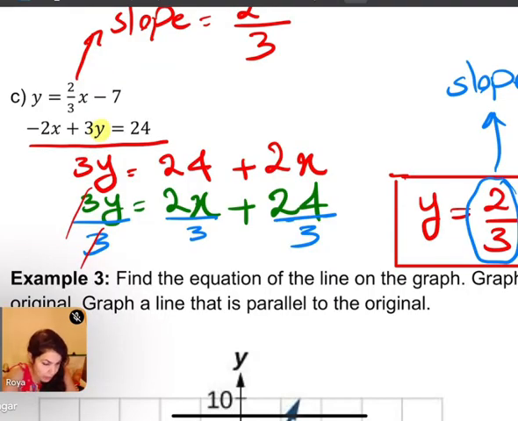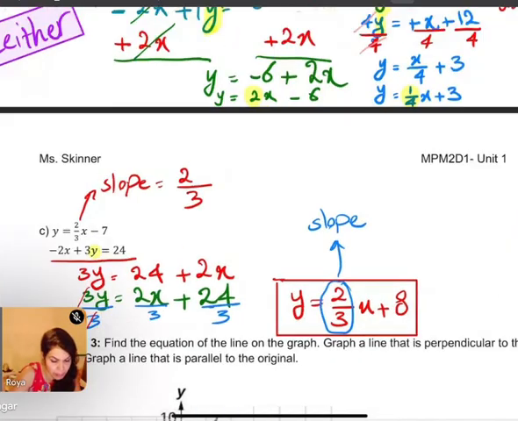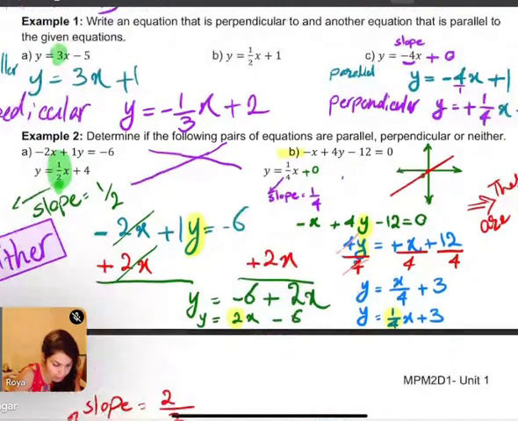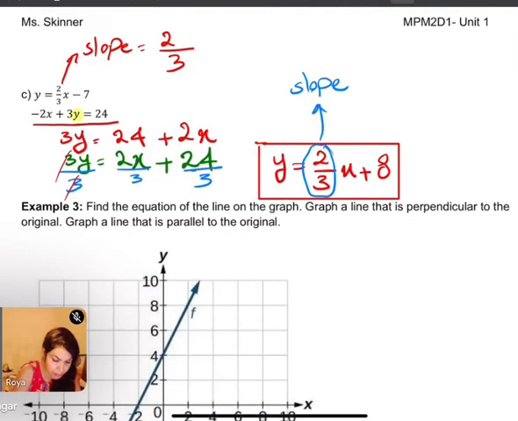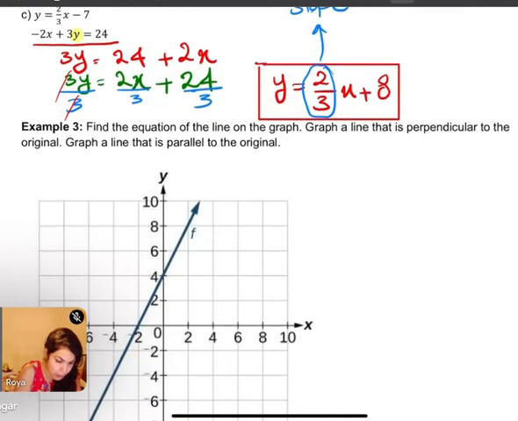Again, they are parallel because 2 over 3 is, see, look at here. This slope is 2 over 3, this slope is 2 over 3, so they are parallel. Okay. Parallel.